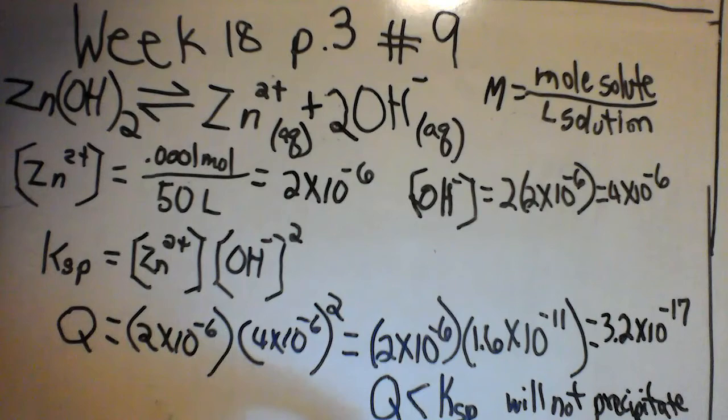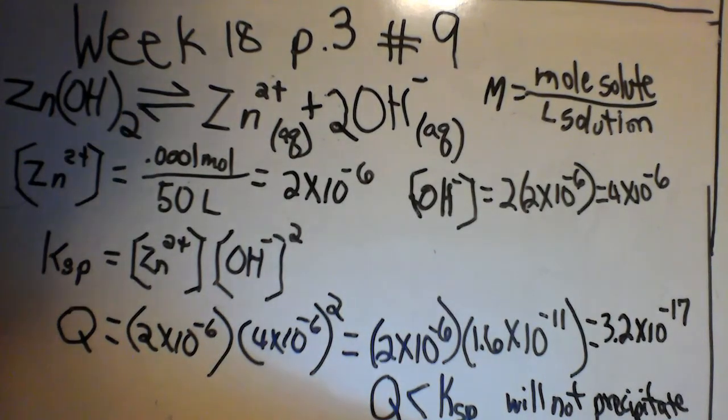When the ion product is less than the solubility product constant, it is not a saturated solution, and therefore it will not precipitate.